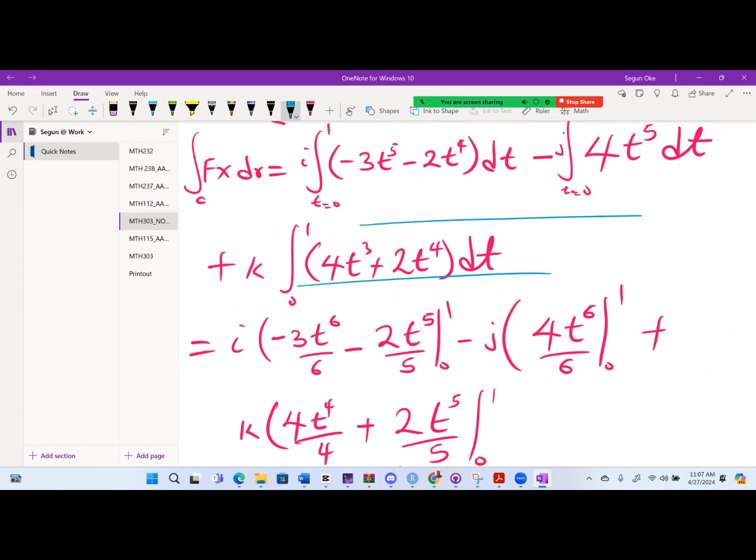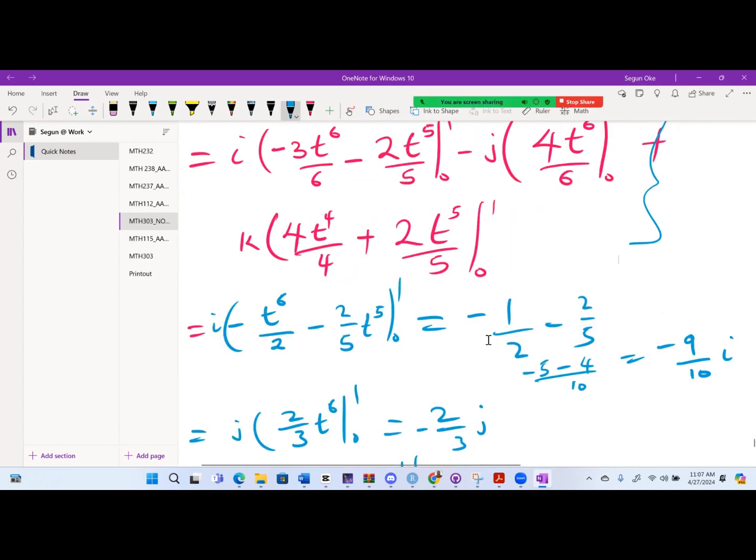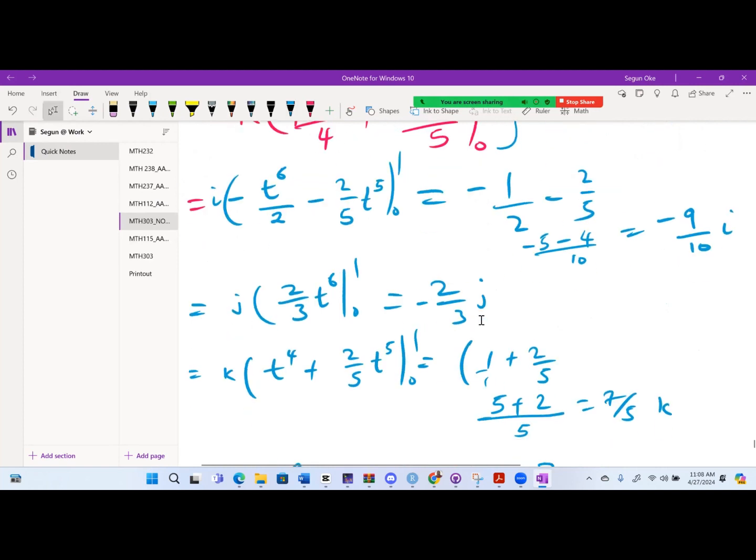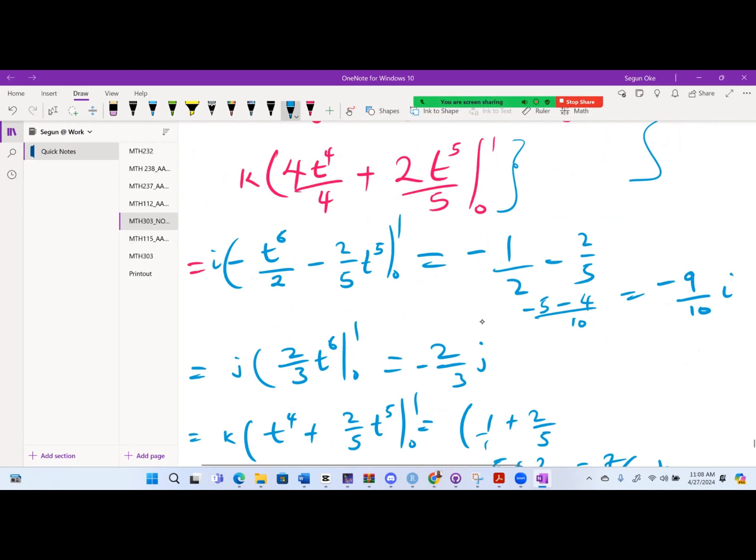We just integrate and get this one done. After this one, we just leave the answer. But in this case now, we are asked to substitute. That's why you see definite integral and indefinite integral. Now we're using definite integral, which is 0 to 1. Have I answered that question? So you discover that anywhere you see t now, we substitute 1 there. That's why we have minus 1 over 2. And when you substitute t raised to power 1 raised to power 5 is still 1. Multiply by this, you have this. So that is what we did.